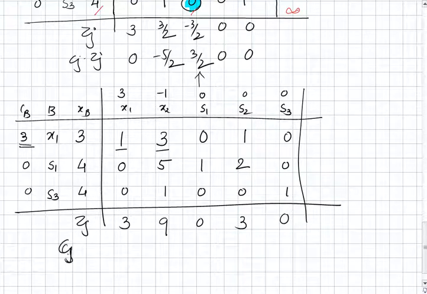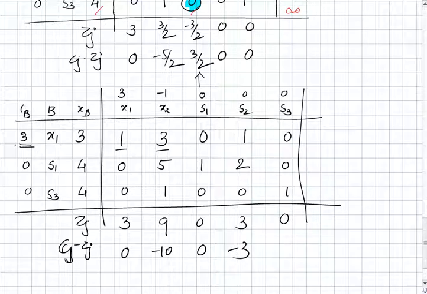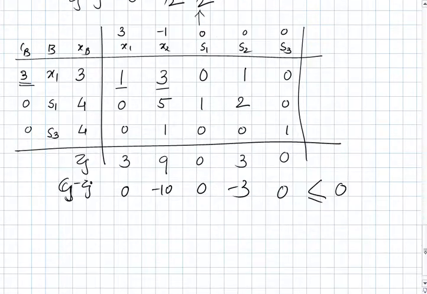Cj minus Zj: 3 minus 3 is now 0, 1 minus 9 is minus 10, 0 minus 0 is 0, 0 minus 3 is minus 3, and 0 minus 0 is 0. So all quantities of Cj minus Zj are less than or equal to 0. So we have reached the optimal solution.